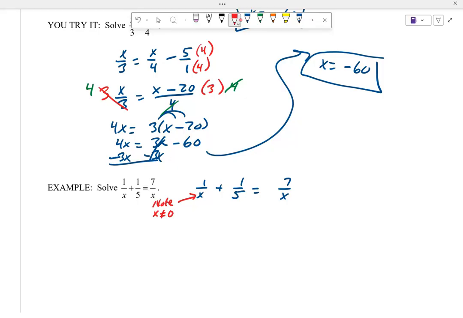If my answer ends up being 0 at the end, I have to throw it out because it's not defined at 0. So our answer has to be something other than 0. But let's get a common denominator. I'm going to multiply this side by 5 and 5, and give this one an x and an x. And it looks like I have 5 plus 1x all over 5x equals 7 over x.